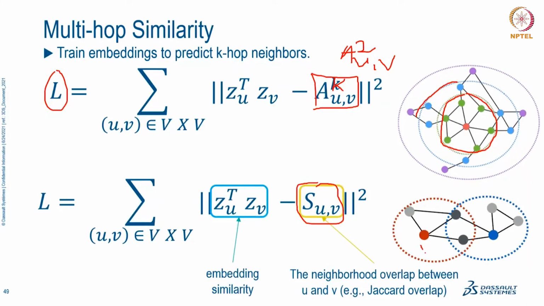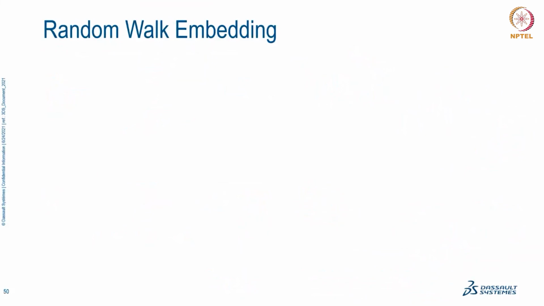If there are two nodes, U and V, we want to find the overlap similarity between those two nodes, and that is what the Jaccard index suggests. Again, we want to minimize the loss so that the embedding is as similar to what we have in the original network. So this is multi-hop similarity.